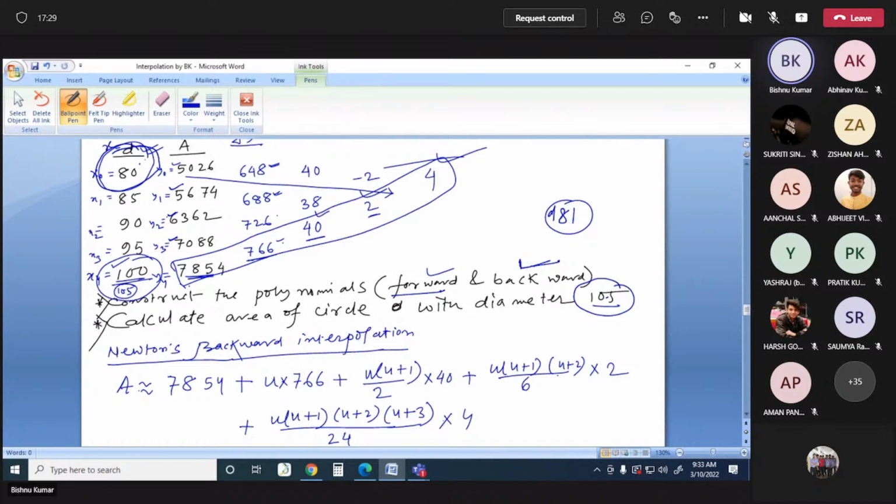If it is near the middle point, about 50%, then you will use Stirling or Bessel's interpolation, but I think you don't have that in your syllabus. I will check. Whatever it is, from the starting point, which is nearer? Is it nearer to the starting point or to the ending point? On that basis you will choose your technique. If it is nearer to the starting point, you will use forward interpolation. Nearer to the ending point, you will use backward interpolation.